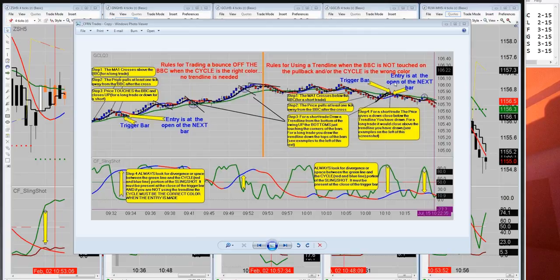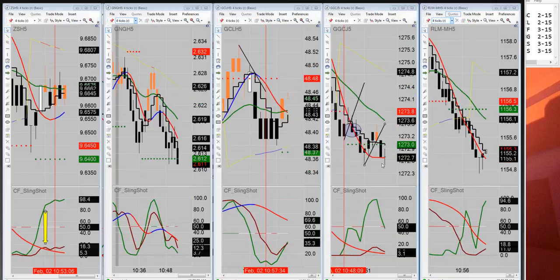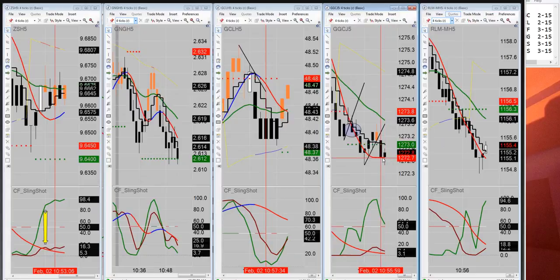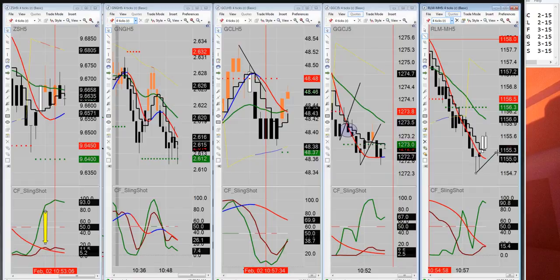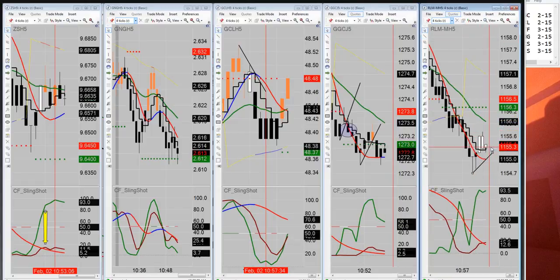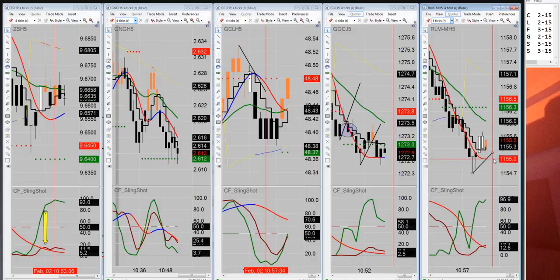Everyone, I'm going to close this now because we had a short trade here from right there on gold. We want to see that move down. On the Russell, it's pulling back. So we got a high of 55.4, we're going to have a low of 55.